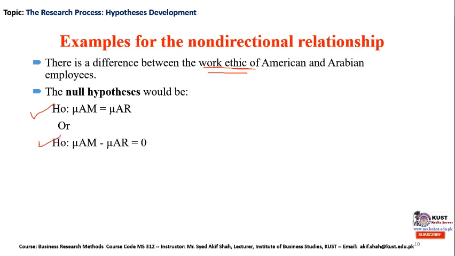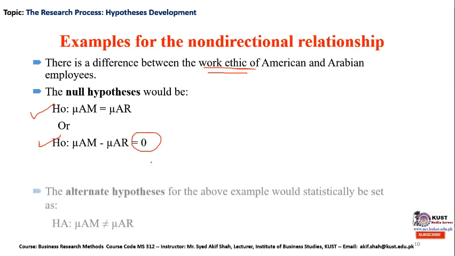Similarly, we can also narrate the null hypothesis in this fashion: if we subtract the mean value of the American and the Arabian employees, the resultant value may be zero. Like there is no difference between the work ethic of American and Arabian employees.